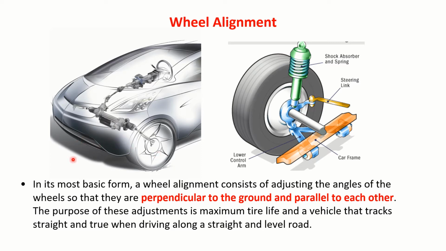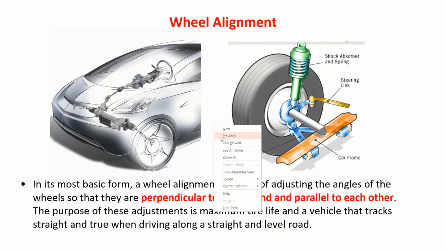So we say that a wheel alignment consists of adjusting the various angles of the wheel so that they are perpendicular to the ground and parallel to each other. The purpose of this adjustment is to have maximum tire life and a vehicle that tracks straight and true when driving along a straight and level road.